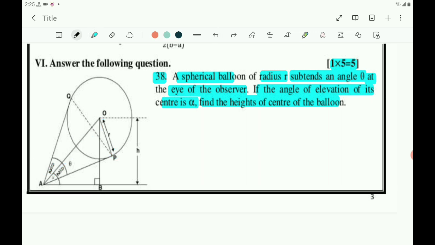First you take the triangle OPA. In the right angle triangle OPA, let us write the trigonometric ratio.